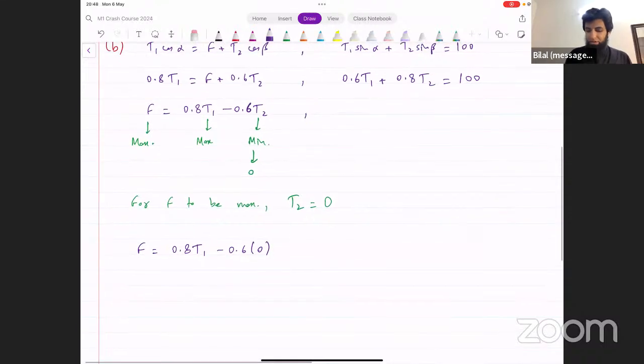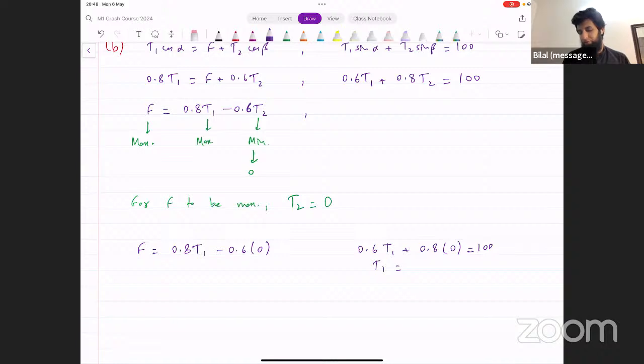From the other equation, since you put T2 equal to 0, you can find the corresponding value for T1: 0.6 T1 plus 0.8 into 0 equals 100. And that gives you T1 equal to 100 over 0.6. What's that? 0.6 is 3 over 5, so that will be 5 over 3, 500 over 3, 166.67, right? That's what T1 turns out to be.